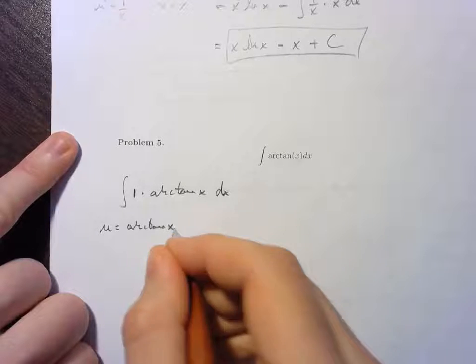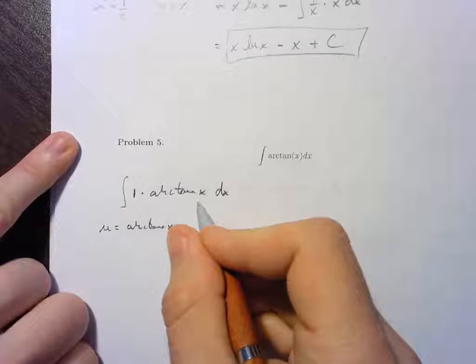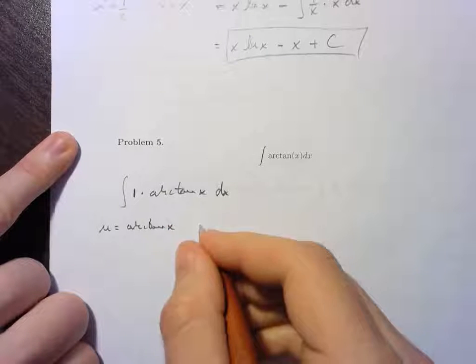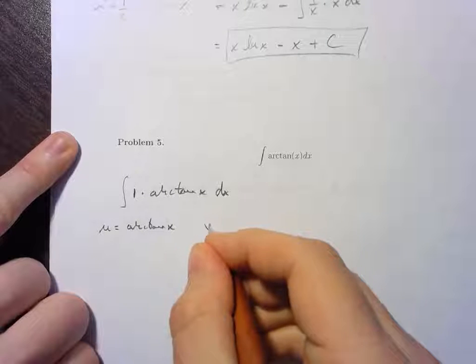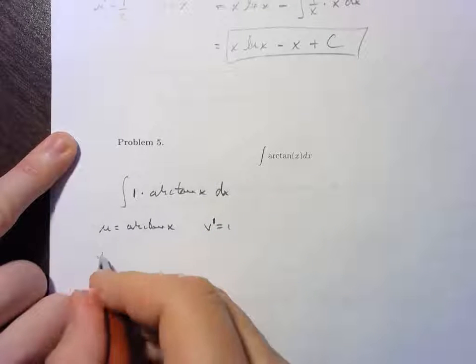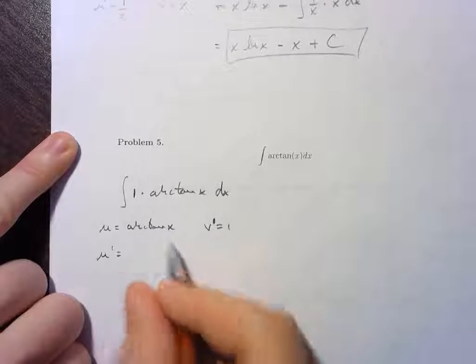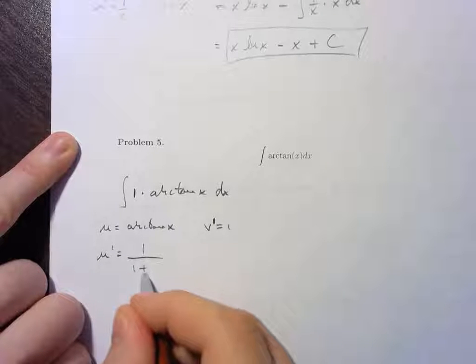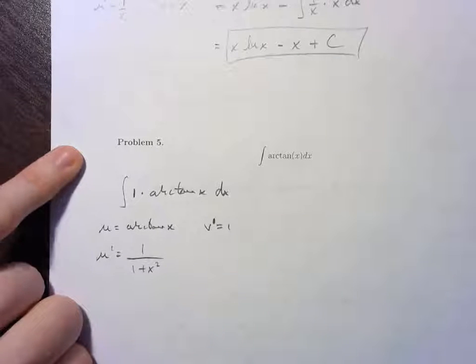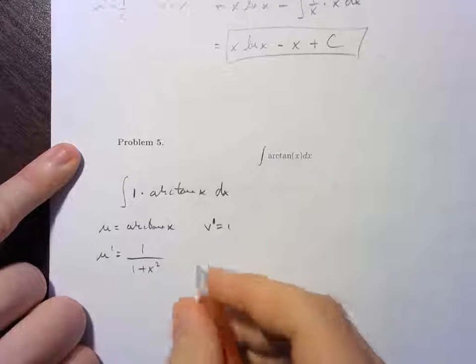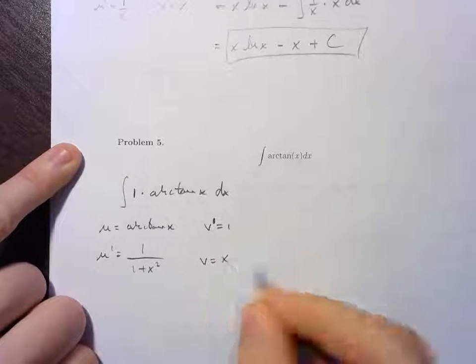I can't let v prime be arctan because I don't know what v would be in that case, right? I don't know the antiderivative of arctan. So the v prime has to be the 1. U prime is then the derivative of arctangent, so that's 1 over 1 plus x squared. And v is the integral of 1, which is just x.